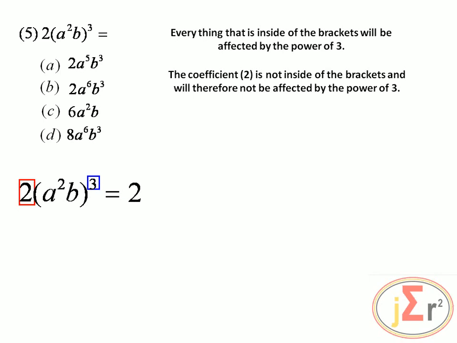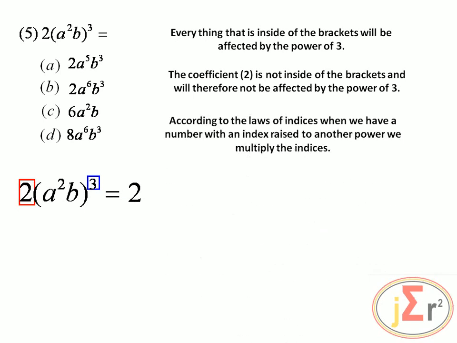Right there. And what do we know? According to the laws of indices, when we have a number with an index raised to another power, we multiply the indices. So we have inside of that bracket a to the power of 2, then it will be raised to the power of 3.